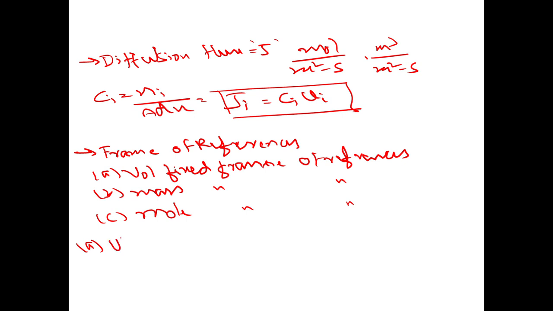So in the volume fixed frame of reference, velocity is equal to the summation of the molar volume times the flux of the i component. Molar volume of the i component times the flux of the i component.